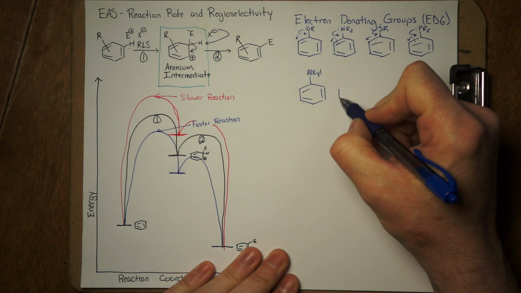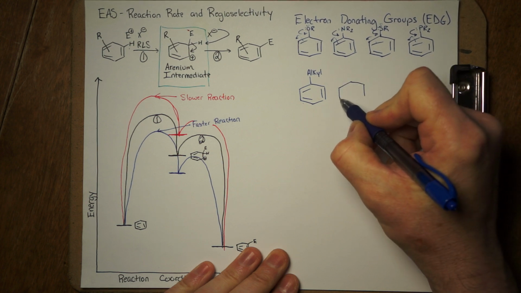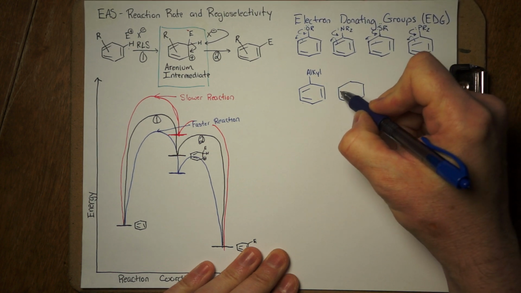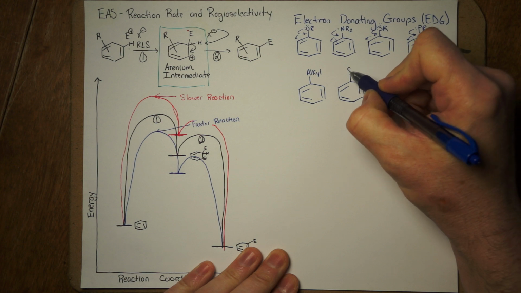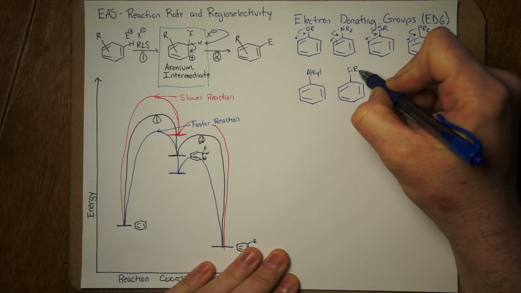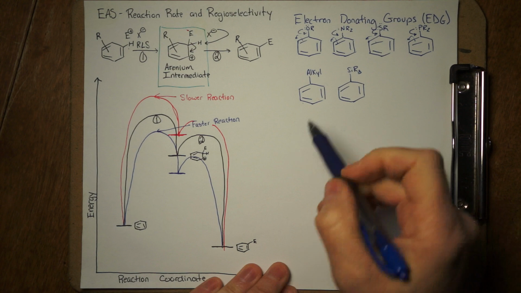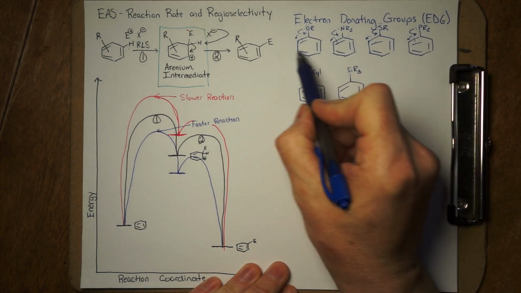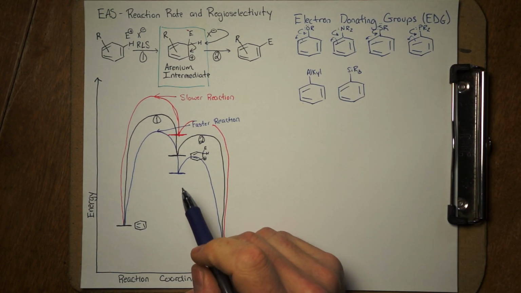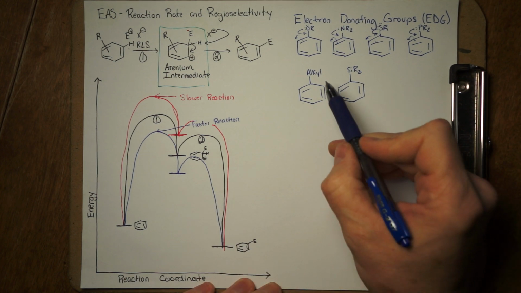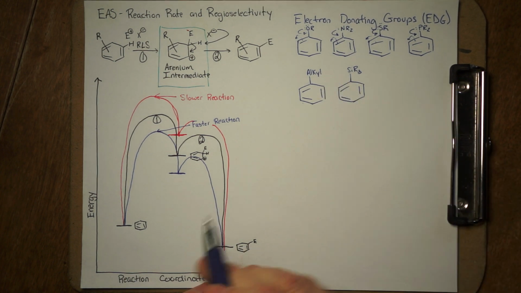And another class, which we probably won't see very often, but is important to note, are silyl groups, SiR3. Unlike the group up here, these electron donating groups do not have lone pairs that can be donated into the ring.